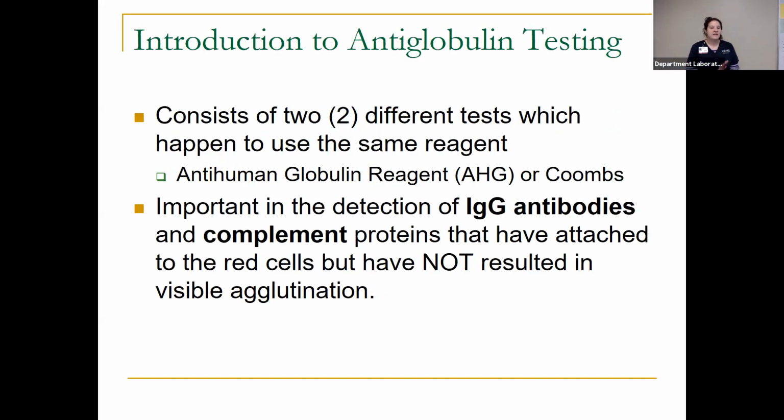So the antiglobulin test, 2 different tests, but they use the same reagent. This is very important because when you think about what's going on inside your patient's body, if they have any type of intravascular hemolysis going on, we want to know what's causing that intravascular or even extravascular hemolysis. Are those cells being taken out by the spleen because there is an antibody attached to those red cells?